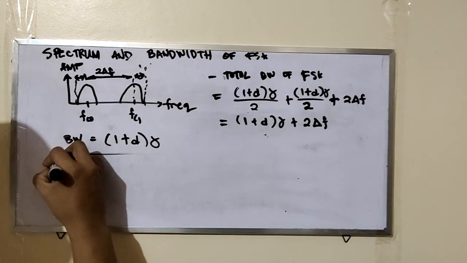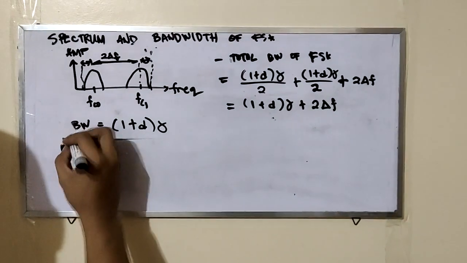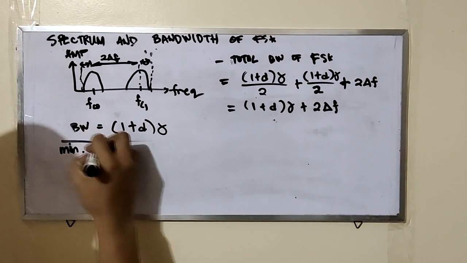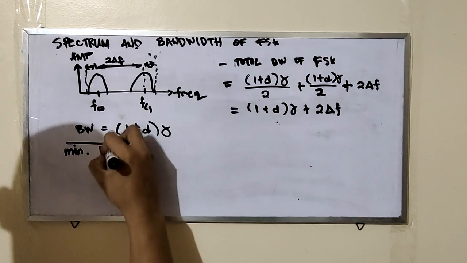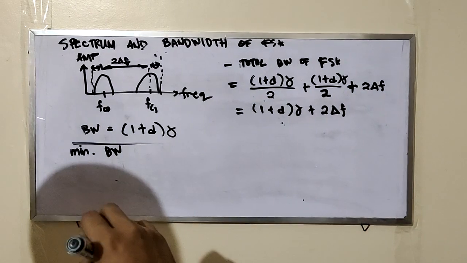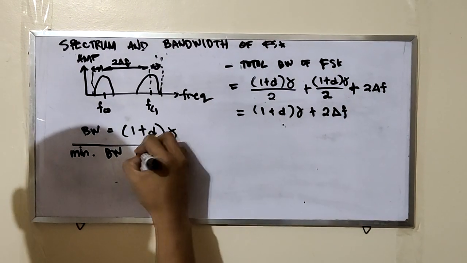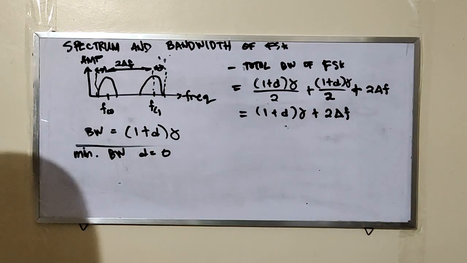For minimum bandwidth, D, the modulation, is equals to 0.